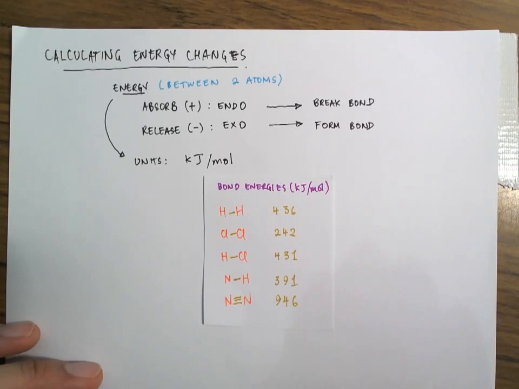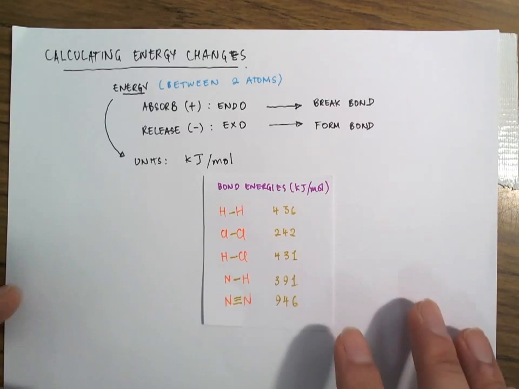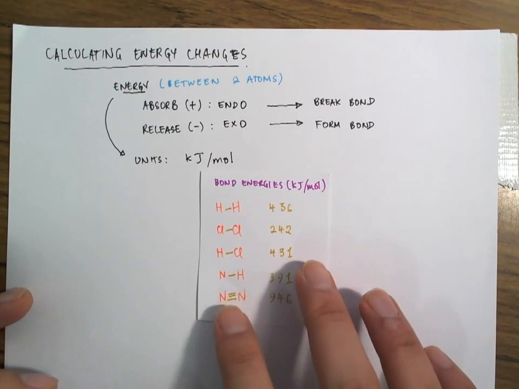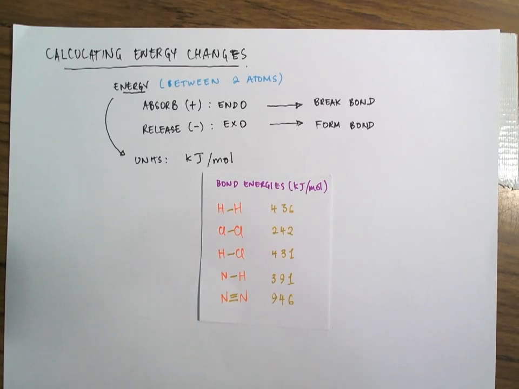So I have a very short table here. If you look on the internet you'll find much longer tables, but this table is just for illustrative purposes and also to aid in our calculations in a little bit.